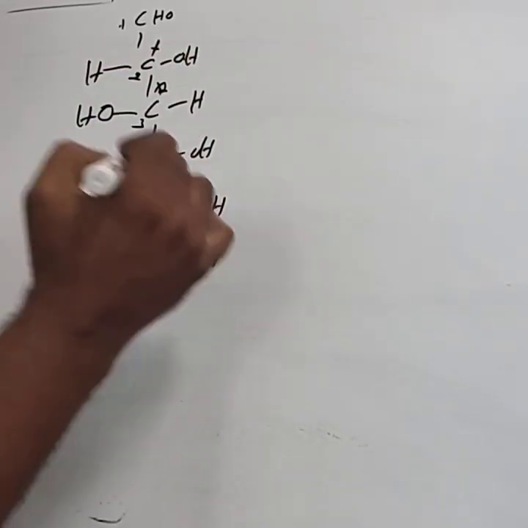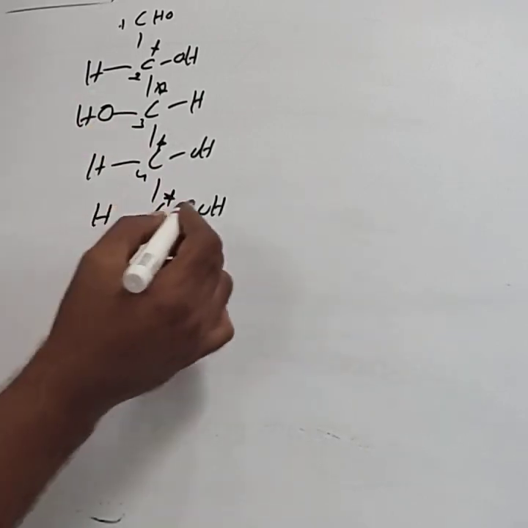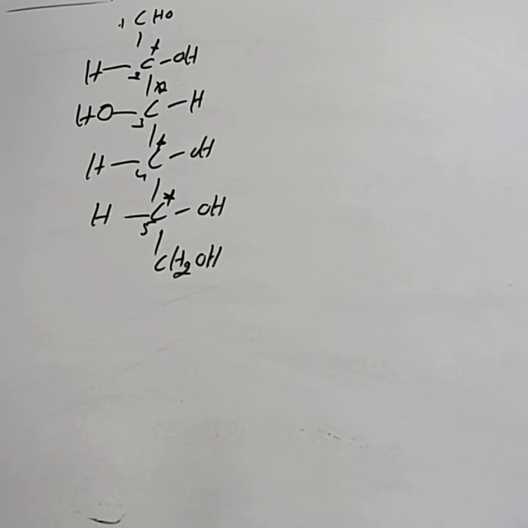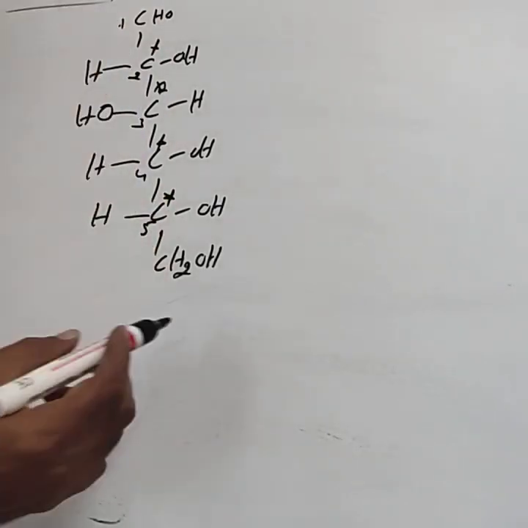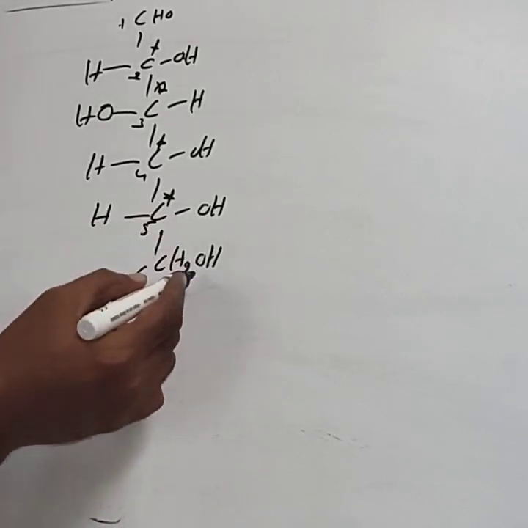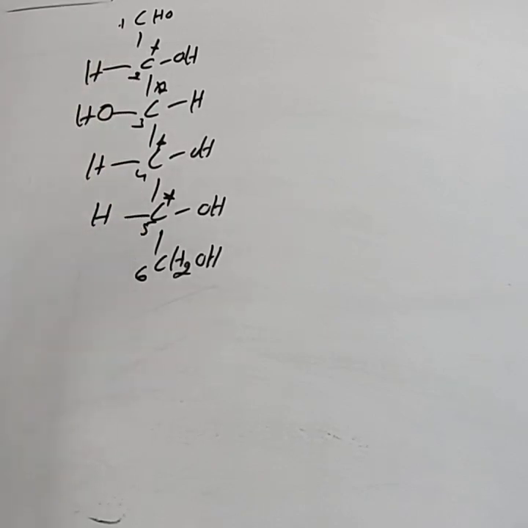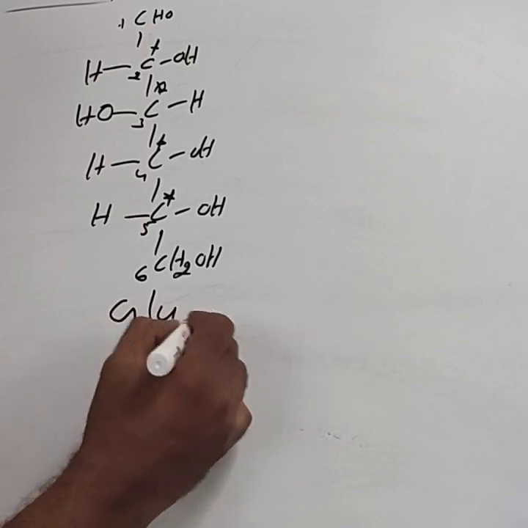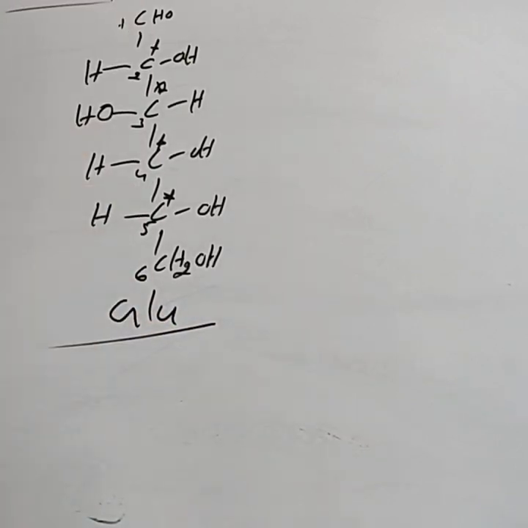The fifth carbon atom is also asymmetric, but the sixth carbon atom is not asymmetric. Only 2, 3, 4, 5 are the asymmetric carbon atoms. This glucose molecule contains more than one asymmetric carbon atom.